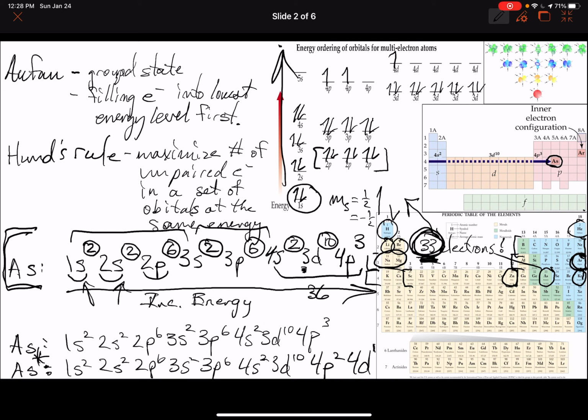So this last one, make careful note here, this is an excited state electron configuration where something has been used to break the Aufbau principle, and that indicates that a photon has been absorbed to break the Aufbau principle and give us an electron at a higher energy level and leave a lower energy level empty.